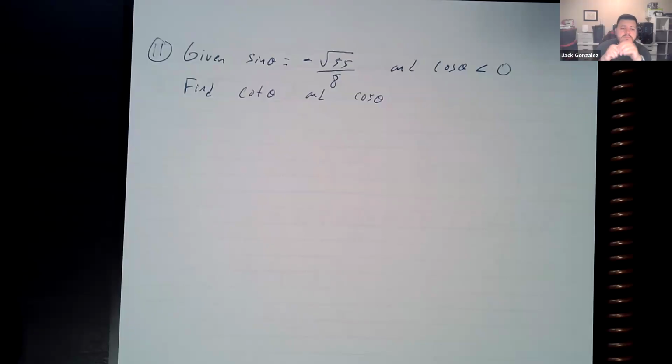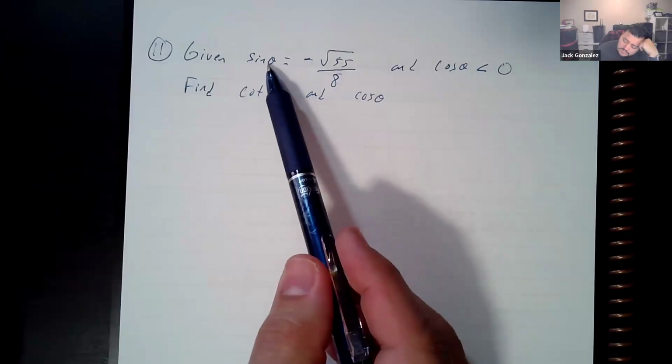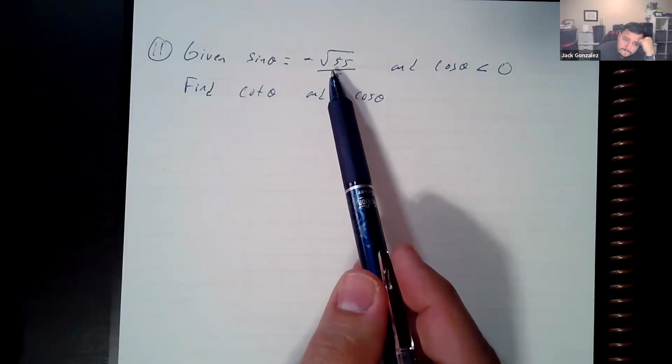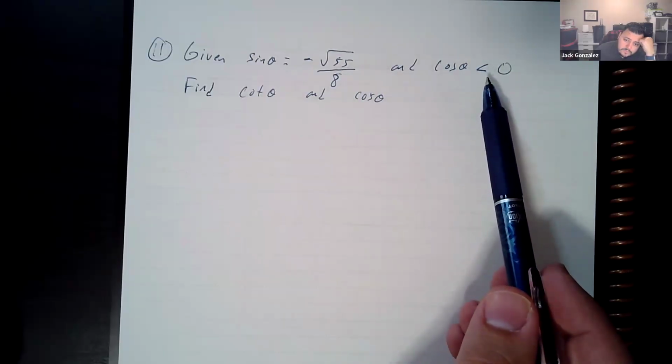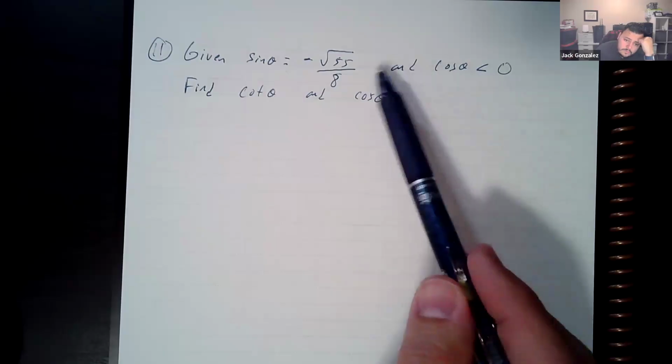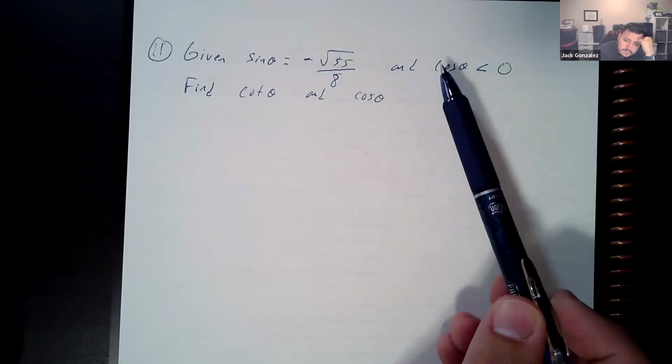So which quadrant is theta in, given these two hints? Because they're saying the sine is negative, so the y value is negative, right? Cosine is negative, so the x value is negative. So which quadrant has sine and cosine both negative?